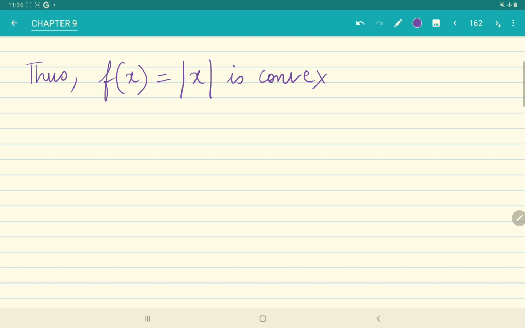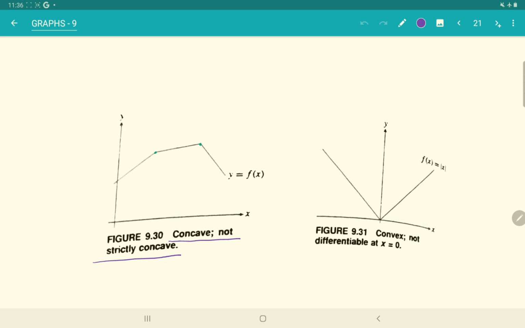And I can also see that from the diagram. Here we see in figure 9.31 the function is convex, but if you take a very close look, it is actually not differentiable at x equal to 0. So here we have been able to establish the convexity even for a function that is not differentiable, with the help of this general definition.